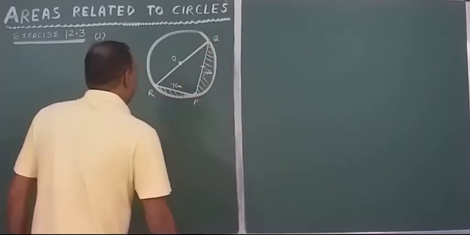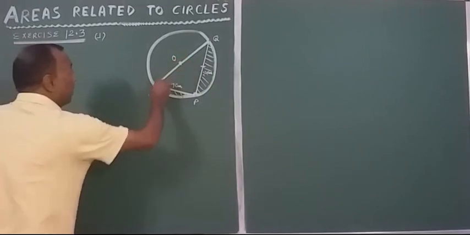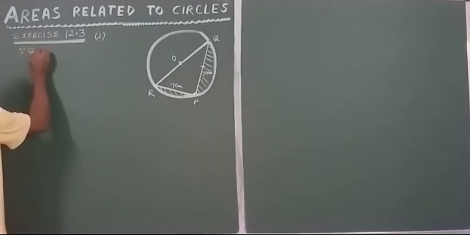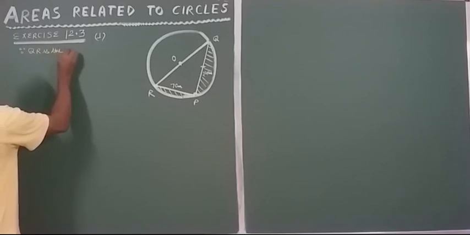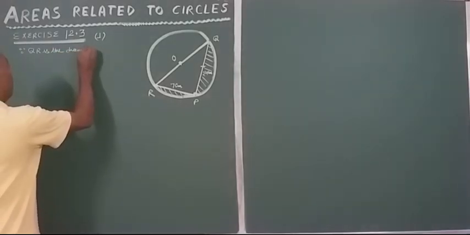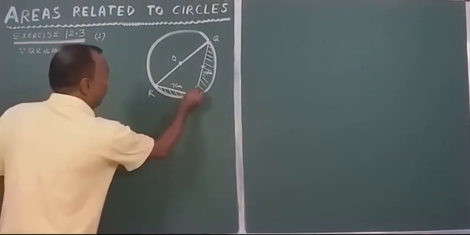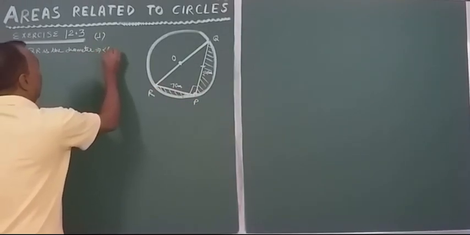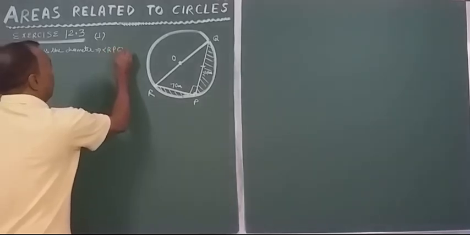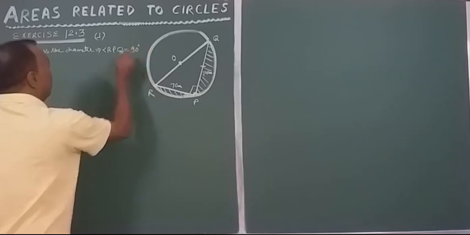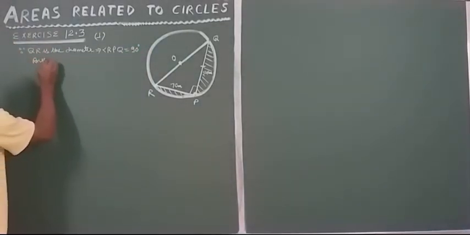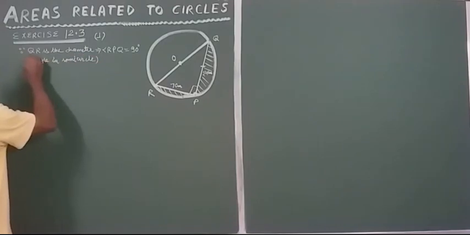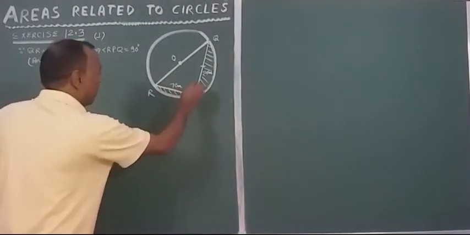Now first tell me, since QR is the diameter, angle RPQ will be 90 degree because this is the angle in a semicircle. Because of the semicircle, this angle is 90 degree.